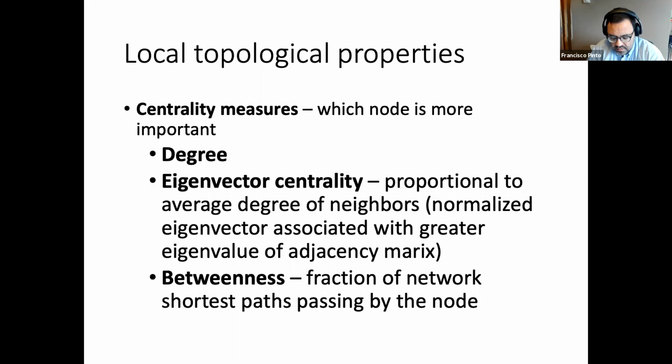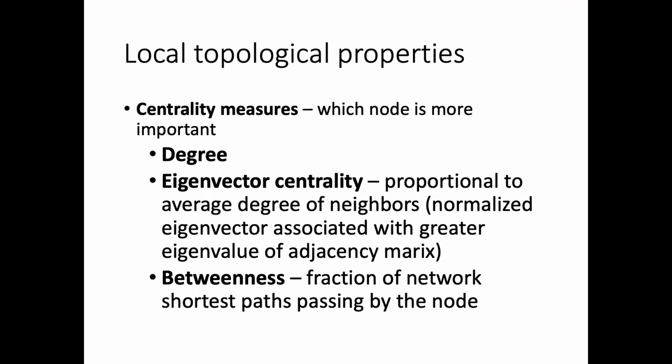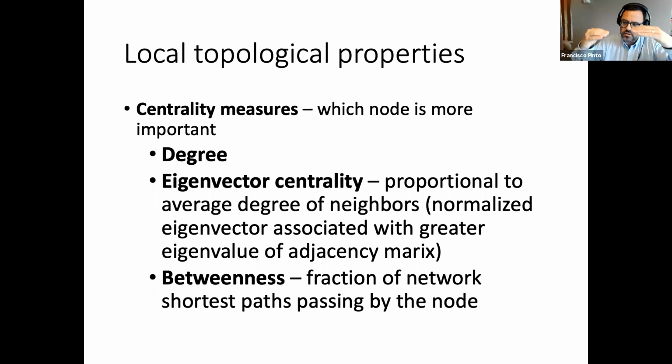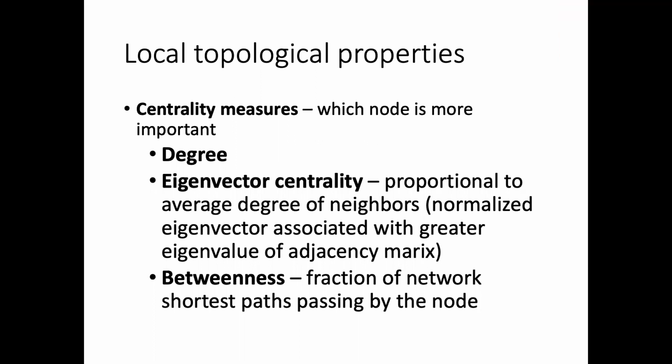And again, it's an iterative process where every node in the network favors its neighbors, or contributes to the importance of its neighbors. And so these weights can be obtained, instead of doing the matrix calculation, by doing an iterative process where the score of each node is a weighted average of the scores of its direct neighbors. Okay.